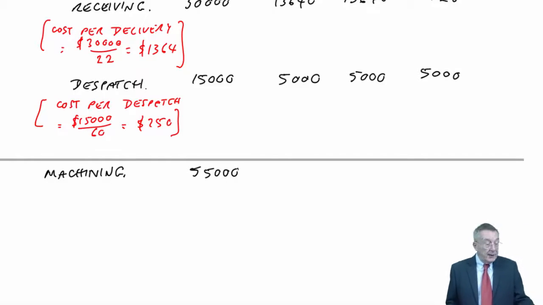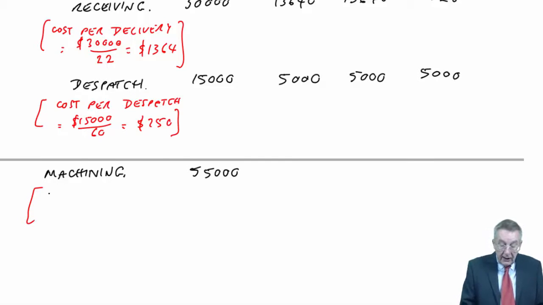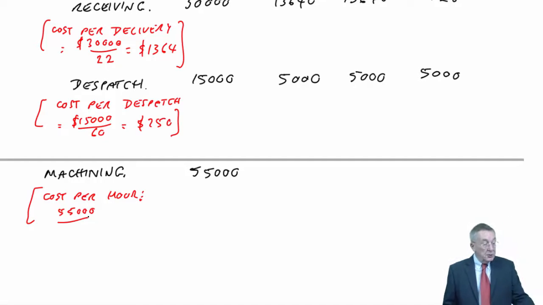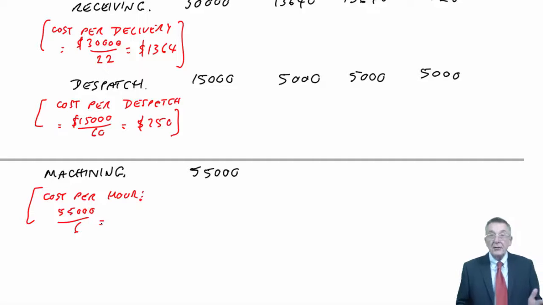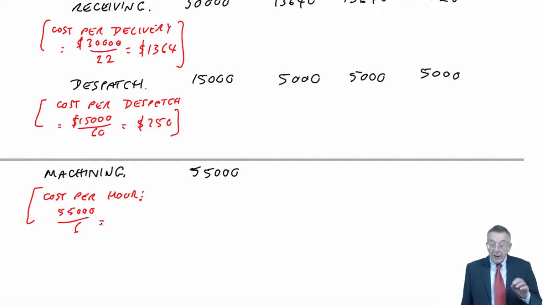But what some people do without thinking, they say, the cost driver, what's causing it, again from the information, it's machine hours per unit. And so, if you're doing this with me, don't copy this down, for heaven's sake, because it's wrong. But they say, let's work out the cost per machine hour. 55,000. How many hours? 2. And off they go. It's such a common mistake.